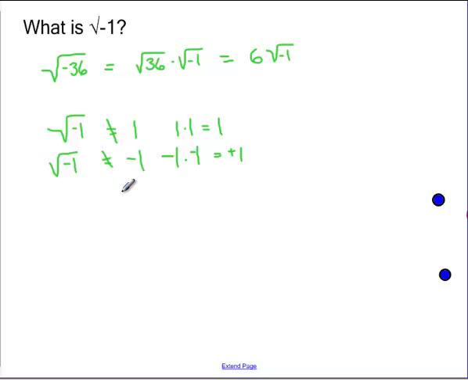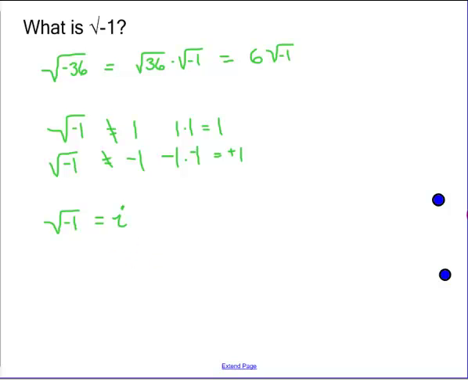And it can't be two different answers. So Gauss said this. He was going to let the square root of -1 equal i for imaginary. Now that's a script i, and you write a script i so it stands out differently.